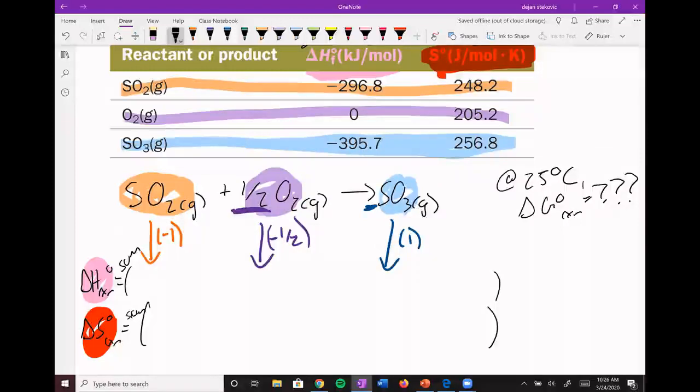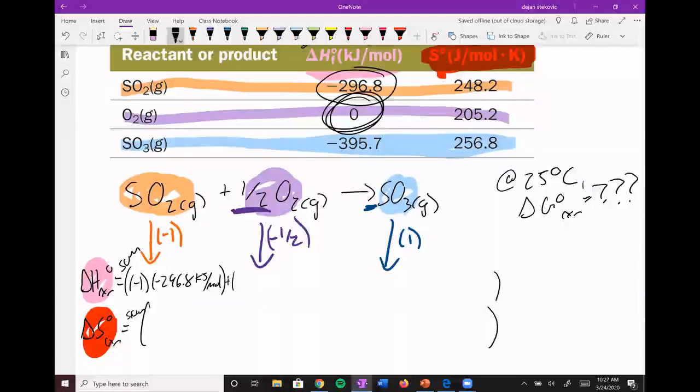So let's just go ahead and populate this data. This is -1 times SO2. Delta H is -296.8 kilojoules per mole. This delta H right here for oxygen is just going to be 0.